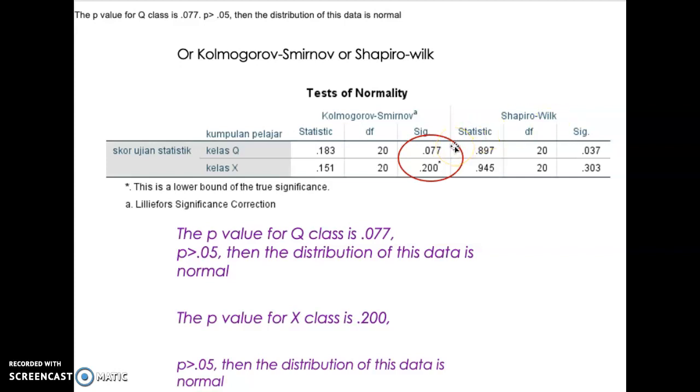For your interpretation of the output of Kolmogorov-Smirnov or Shapiro-Wilk, the p-value should be more than 0.05. In this case, for the statistics test score for both class Q and class X, the p-value is more than 0.05. So when p is more than 0.05, the distribution of this data is normal.